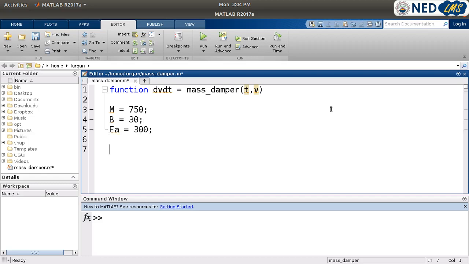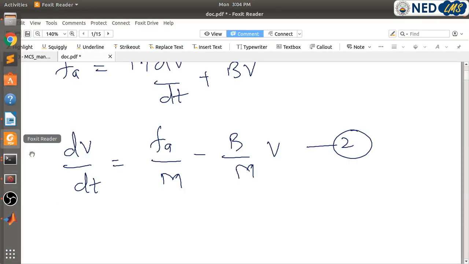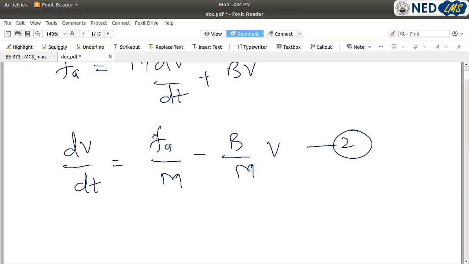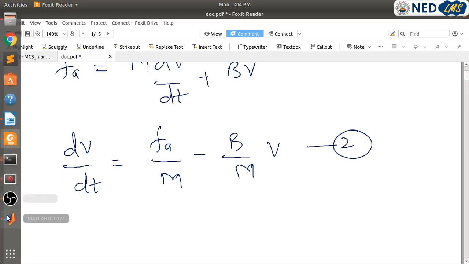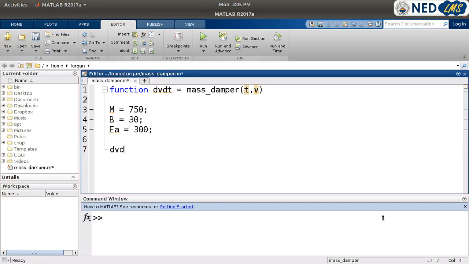So the differential equation is dv over dt equals fa over m minus b over m into v. So dvdt equals fa over m minus b over m into v. Now we have written the function handle.